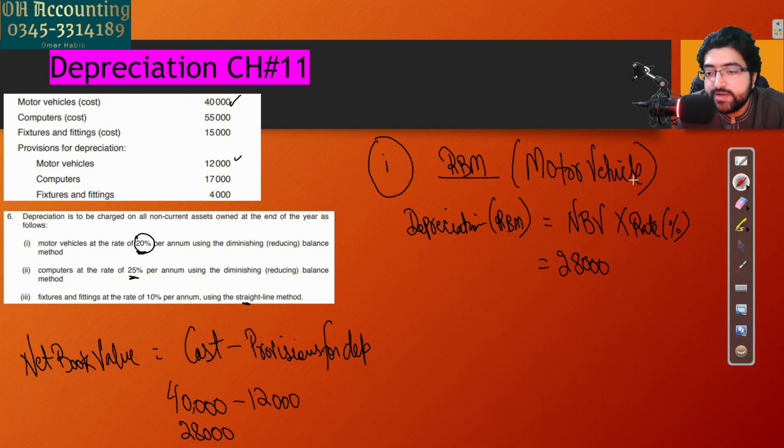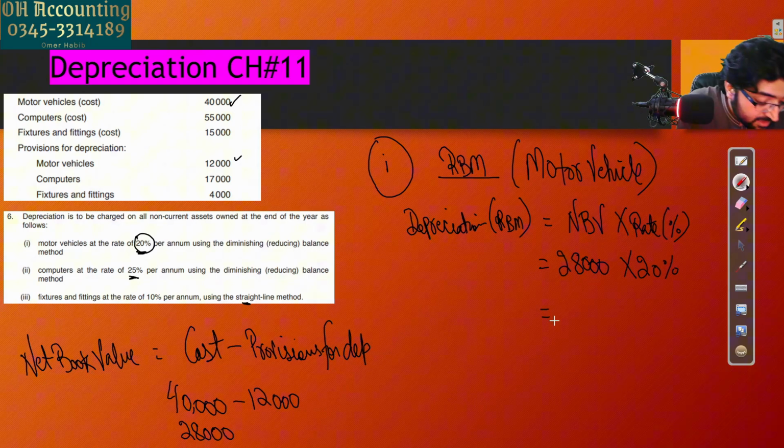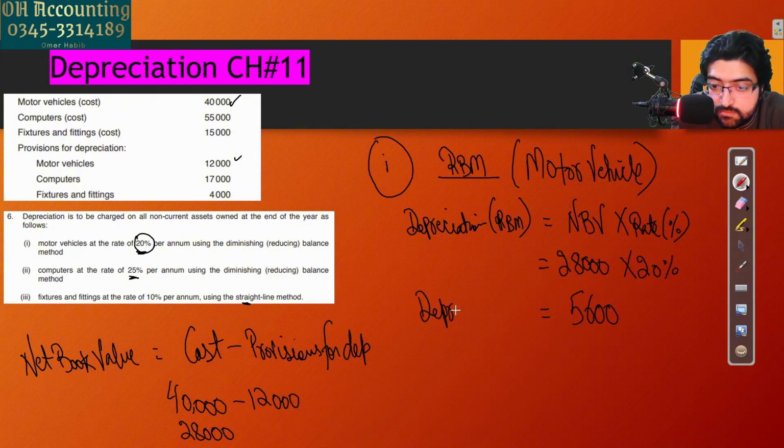The rate at which we have to depreciate this is 20%. Use your calculators. 28,000 multiplied by 20%, you will get 5,600. This is the depreciation of motor vehicle.